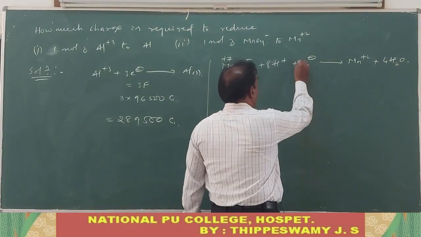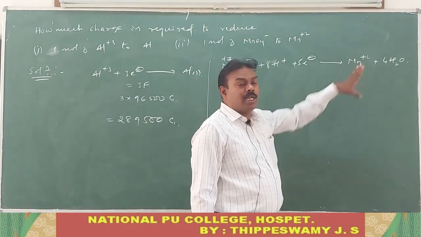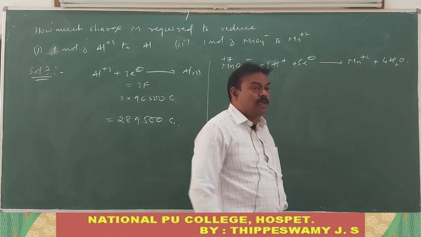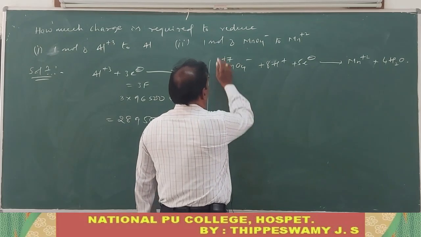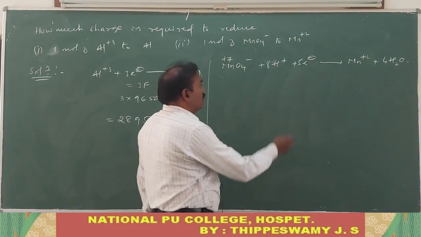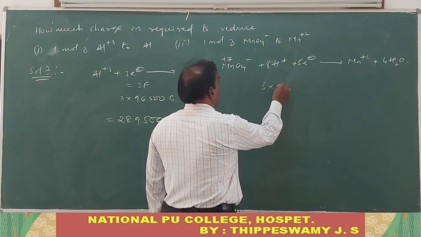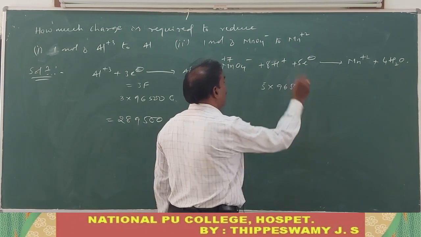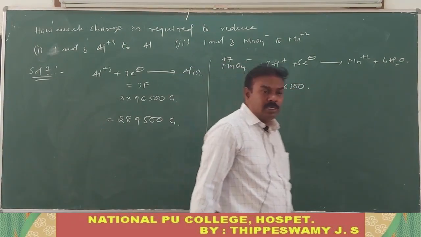Plus 7. And charge on the manganese is plus 2. So total of 5 electrons required. From plus 7 to plus 2, how many electrons required? That is 5 electrons. Okay, now in order to reduce 1 mole of permanganate ion into Mn plus 2, total of 5 electrons. Now you tell me, 5 into 96,500. Then what is its final value?